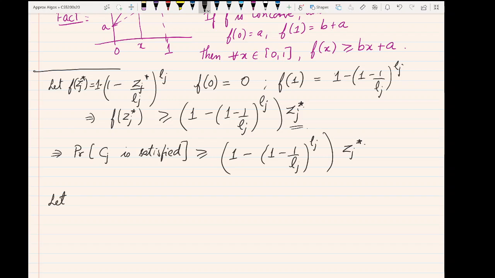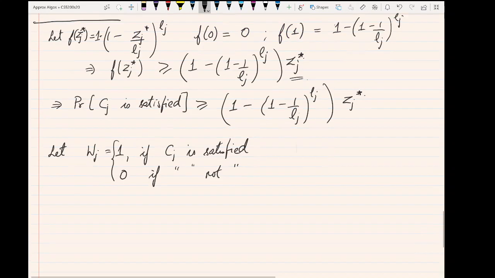So let me call that Wj, which is 1 if clause Cj is satisfied and 0 if Cj is not satisfied. Okay.